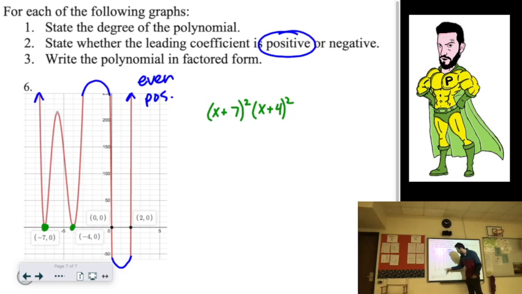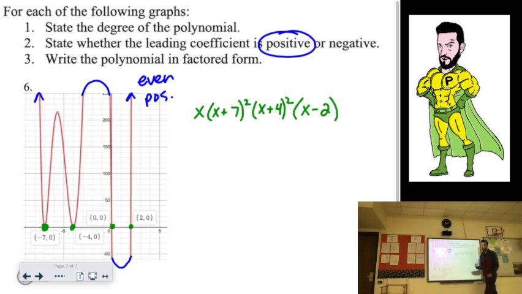It crosses right through 0, and if it crosses, it's to the 1st degree. Now you could say x minus 0, but x minus 0 is just x. So we're just going to put that x on the outside. And then it crosses through at +2. There's no bend in there, so it would be a multiplicity of 1. So we have x minus 2. So here it is in factored form.